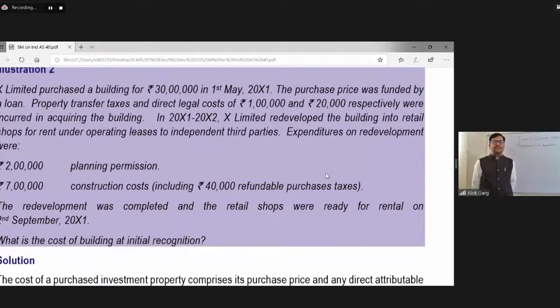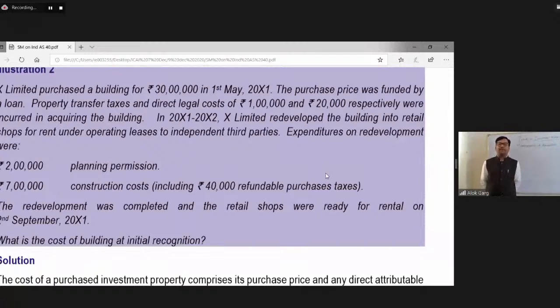So these two costs have been incurred for acquiring the building. In 2001-2, during the year, X Limited redeveloped the building into retail shops for rent under operating leases to independent third parties. So now the company has acquired a building and is redeveloping it for giving it on rental basis.